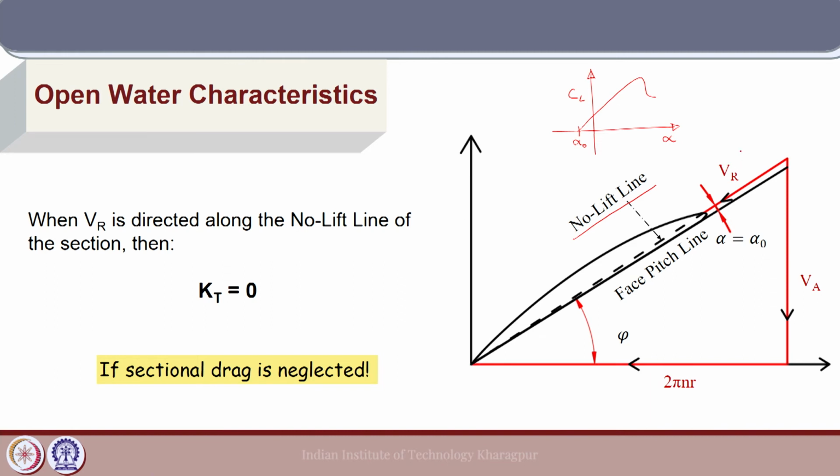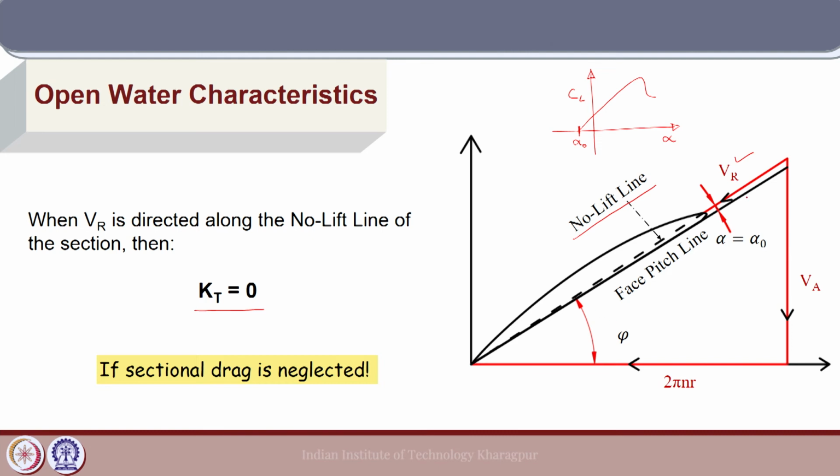So, when VR, the resultant velocity, is aligned on the other side, that means on the line where the foil has no lift, this angle alpha 0, at that case we will have the sectional lift equal to 0. So, if we neglect drag, that will give us the condition where the thrust coefficient of the propeller is 0. I hope this is understood.